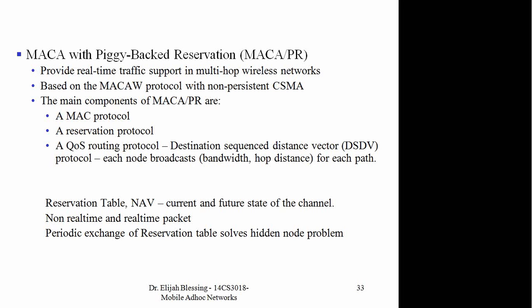So this MACA with piggyback reservation concept incorporates this QoS routing protocol also, wherein each node will broadcast its own bandwidth availability and the hop distance with reference to each neighbor, for each path. So you have multiple paths. Am I right? So it broadcasts its own bandwidth with a hop distance.